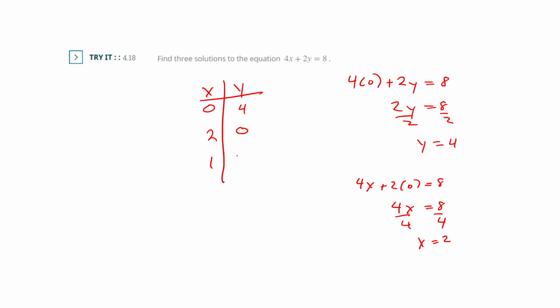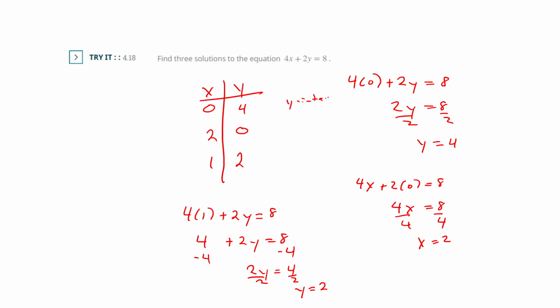Okay, finally I'm putting 1 in for the x. y is 2. All right, there are my three solutions, 3 points on the line. This is my y-intercept, and this one is my x-intercept.